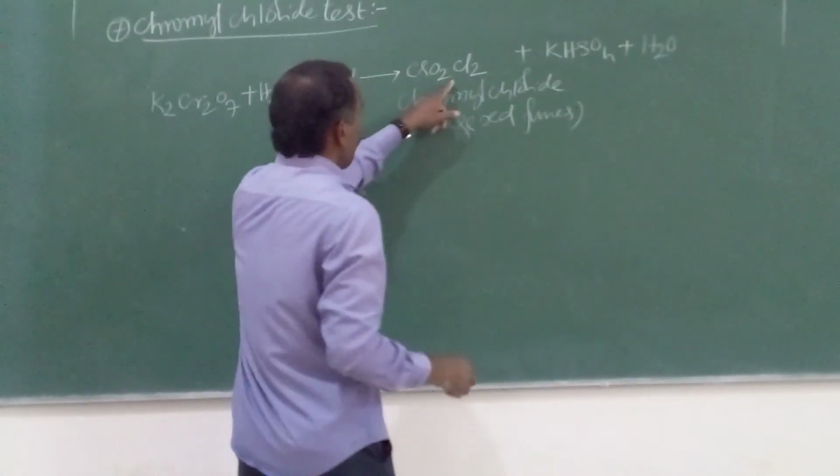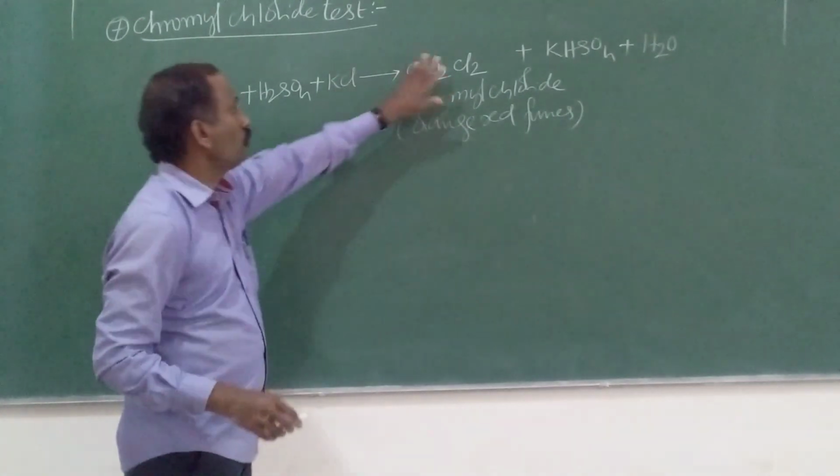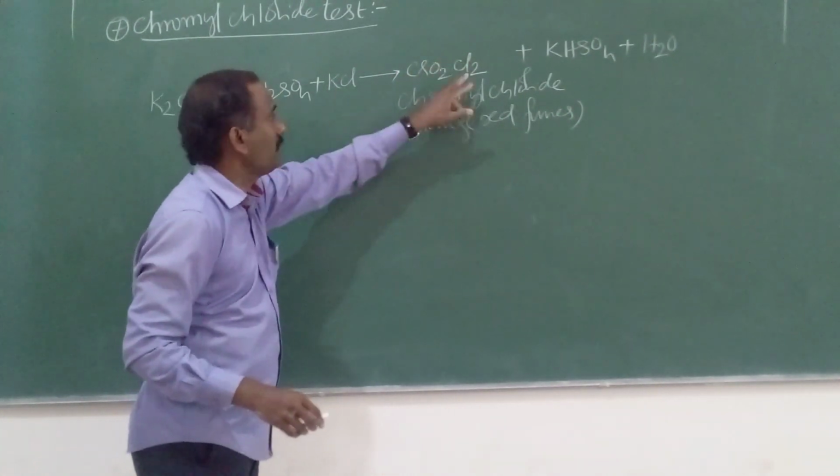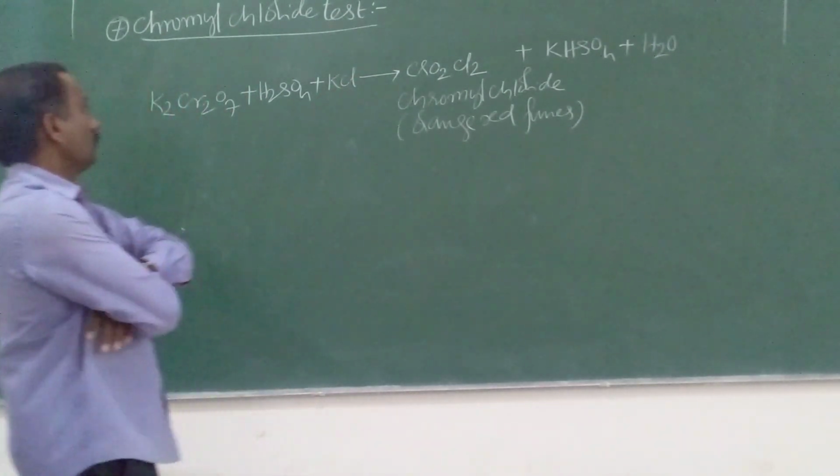See here, when chromyl chloride fumes are liberated, it means chlorine is present in the given salt. If chromyl chloride fumes are not liberated, the chlorine is not liberated, which means chlorine is not there in the given salt.